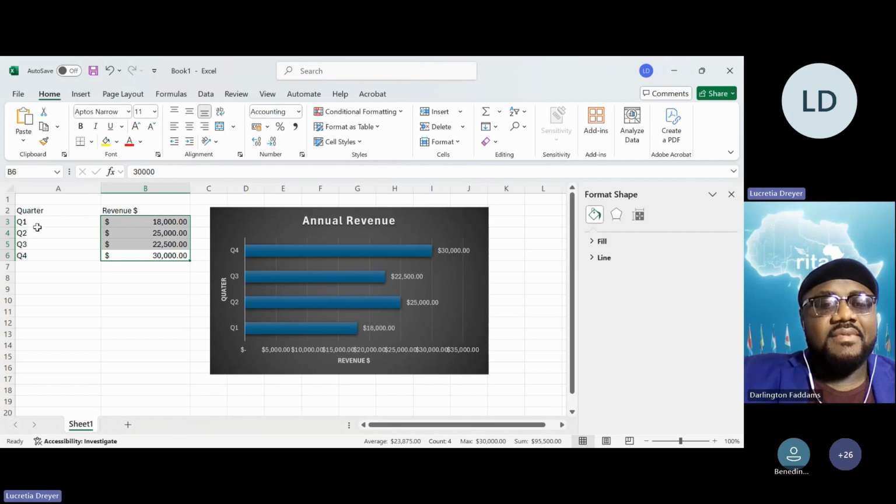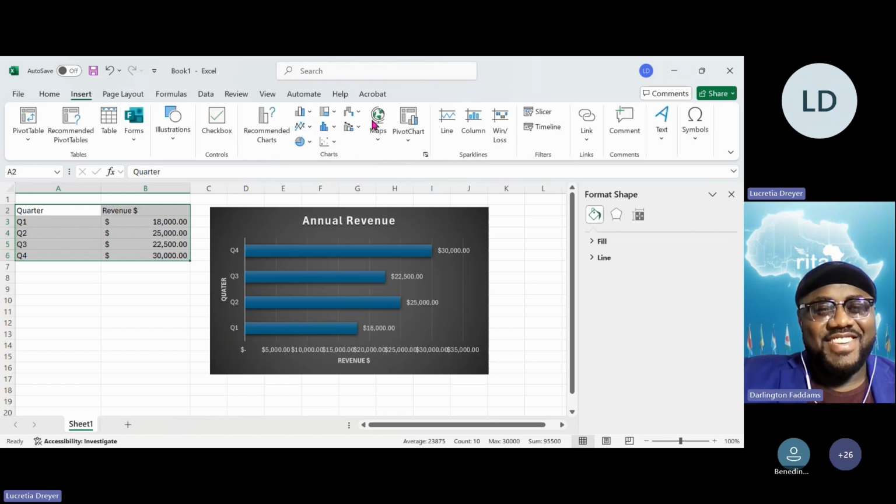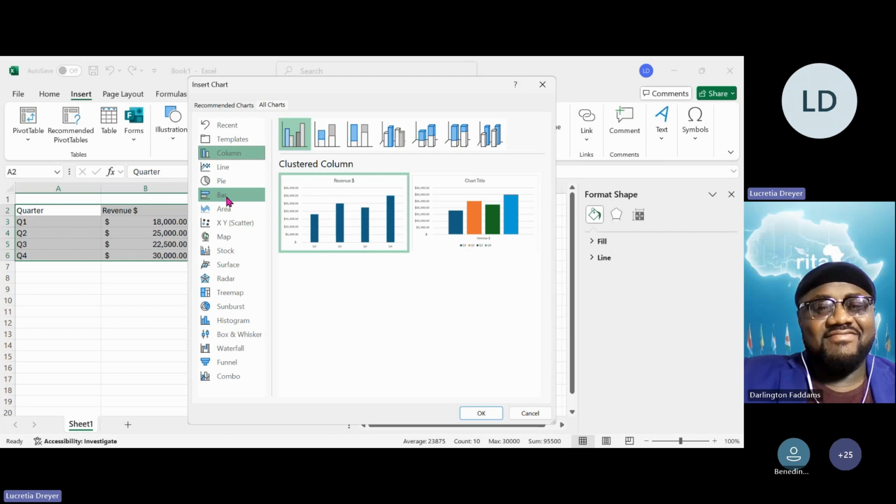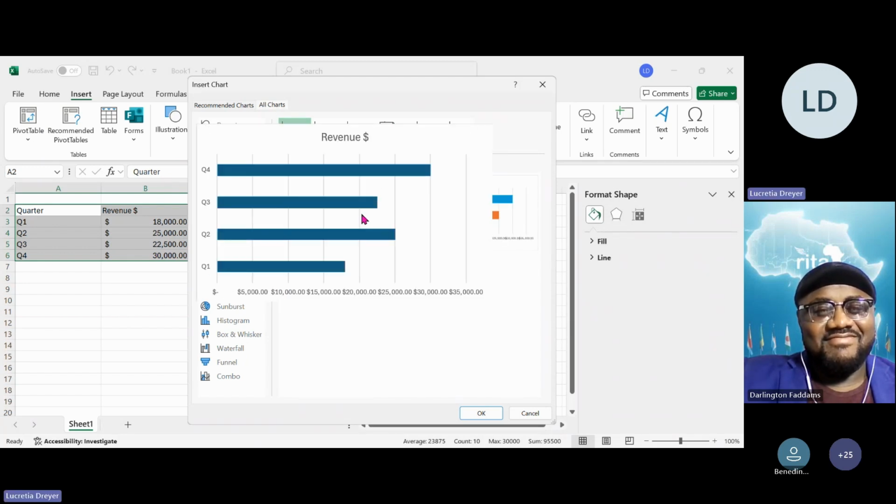And then I highlighted from the quarter up to here. Then I went to insert, and I couldn't find a bar chart here. So I clicked on the side here and then went to all charts, bar, and then selected the first one.